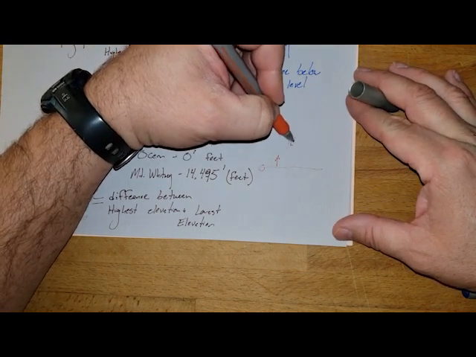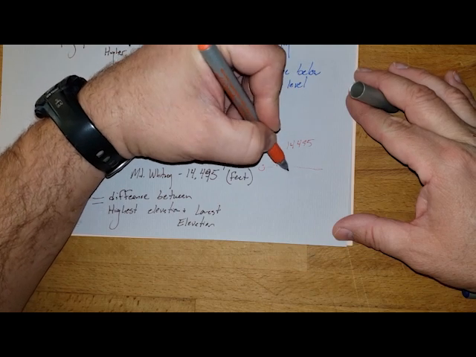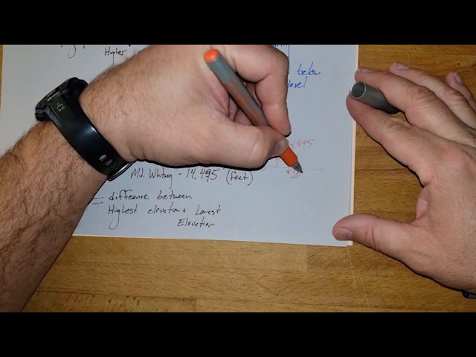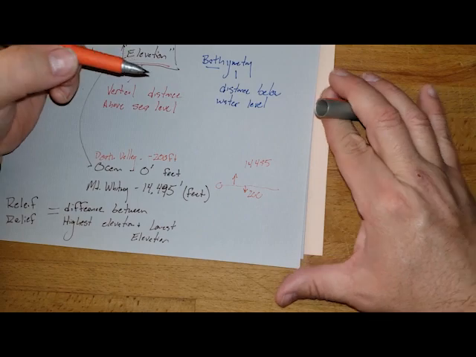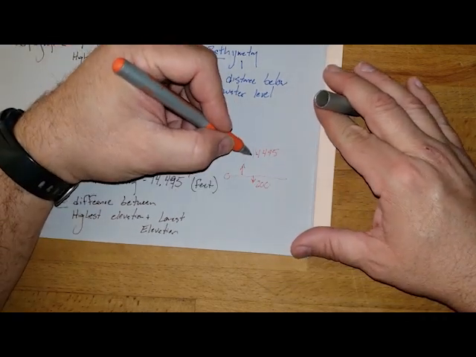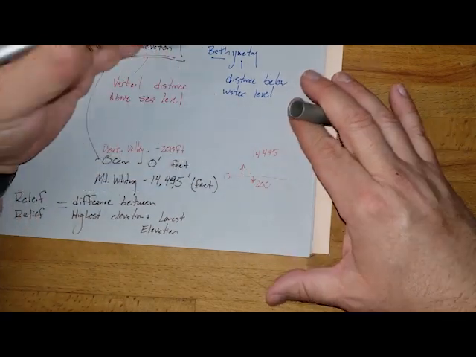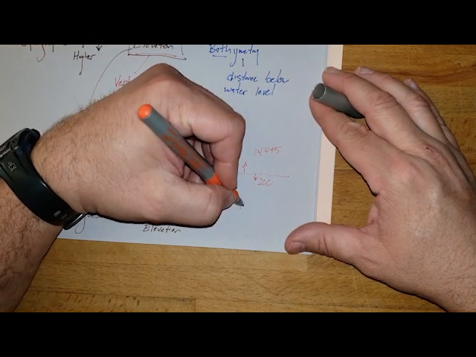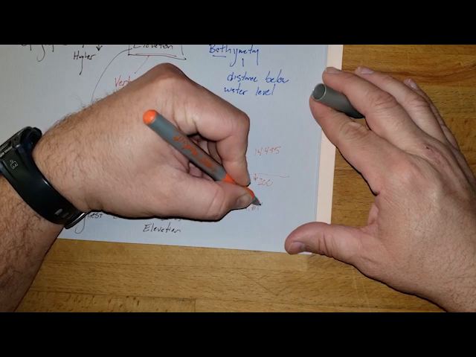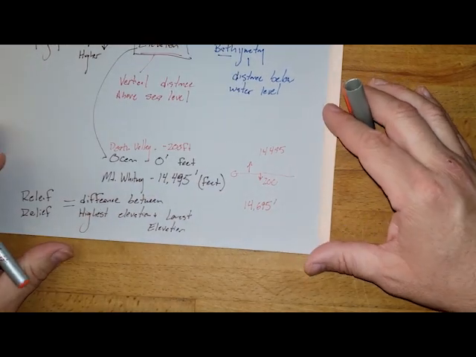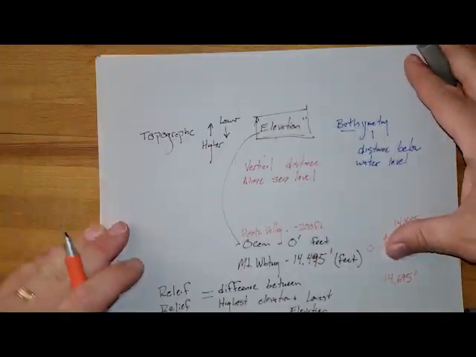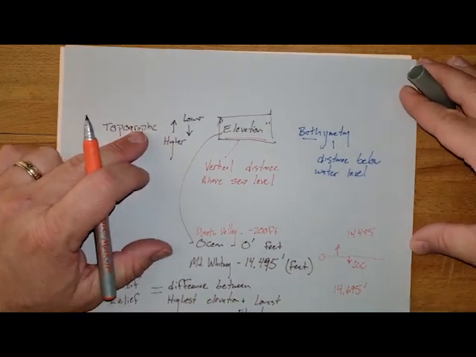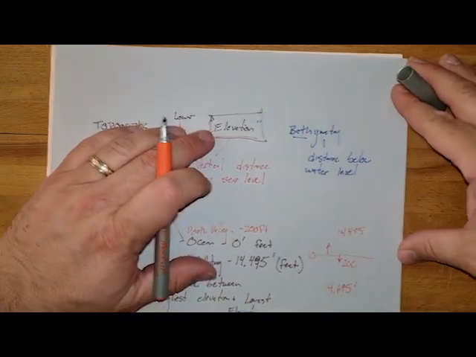We're going to go up to 14,495. We're going to go down to another 200. And so that difference that we see in between those, we would need to add this plus this. Usually we end up subtracting, but in this case, it's going to be 14,695 feet of relief.